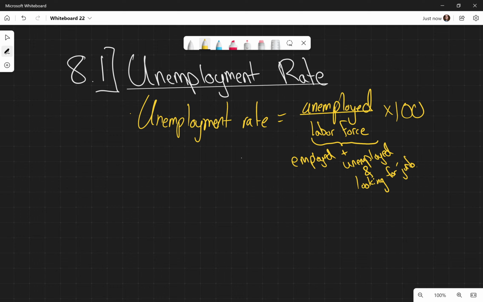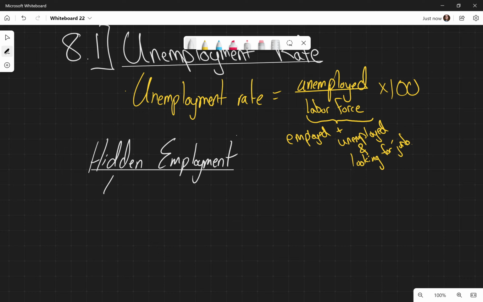Now, let's talk about why there are so many different types of unemployment rates. Well, because we have something called hidden employment. What is hidden employment? Let's talk about that real quick. Hidden employment, these are all the people that are mislabeled in the categorization of either employed, unemployed, or in the labor force.